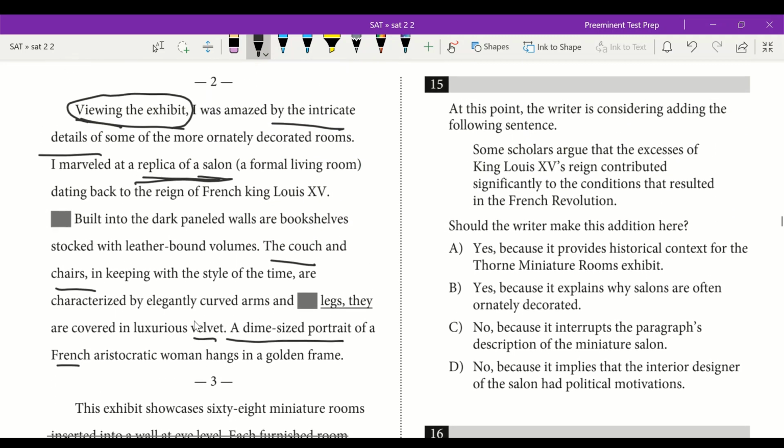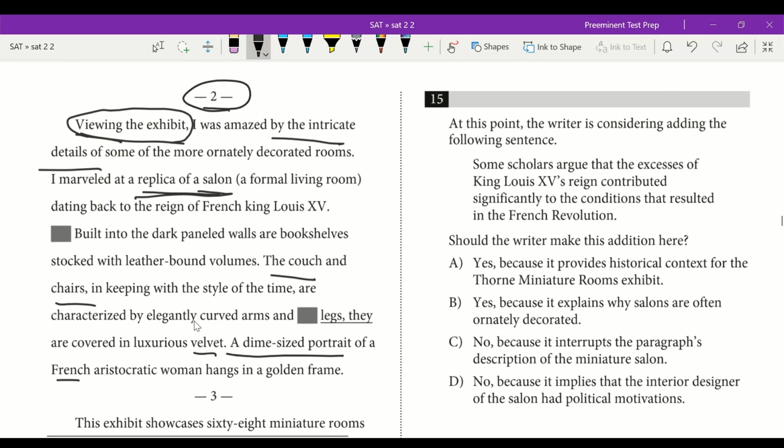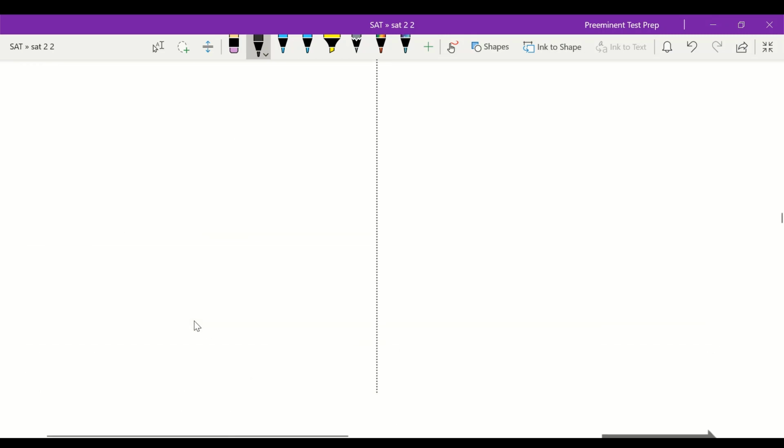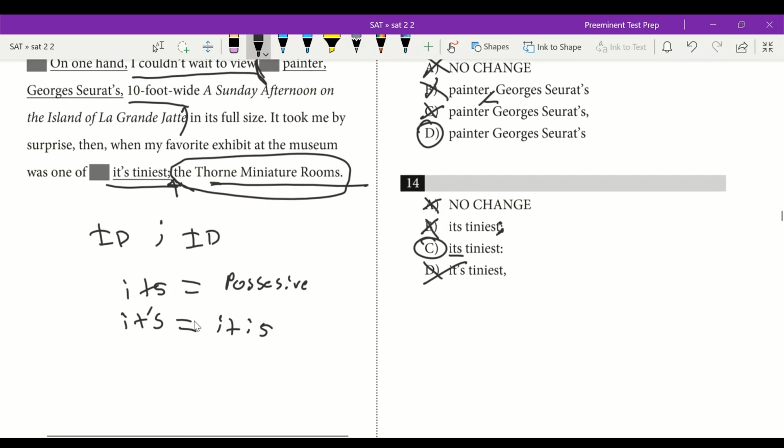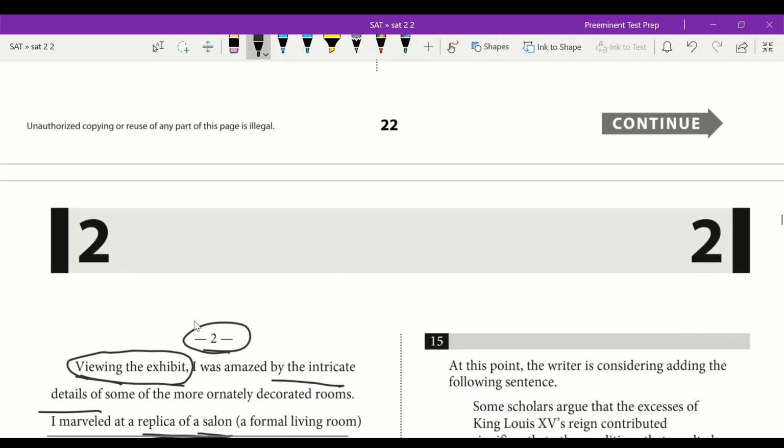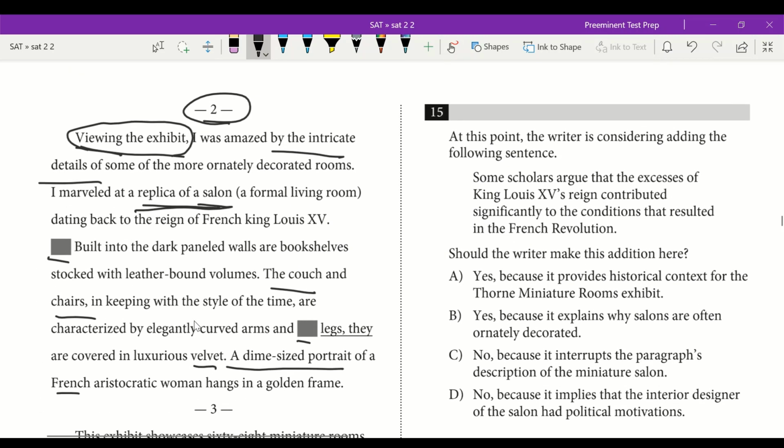All right. Now we're at paragraph 2, which we have to decide where it goes, but we're going to go ahead and solve our questions within it before we figure out where it goes. We just ended paragraph 1 with her being surprised that her favorite exhibit was the Thorne miniature rooms. Now we're viewing the exhibit, so that's a good sign, maybe that this is where it is, but we'll see.